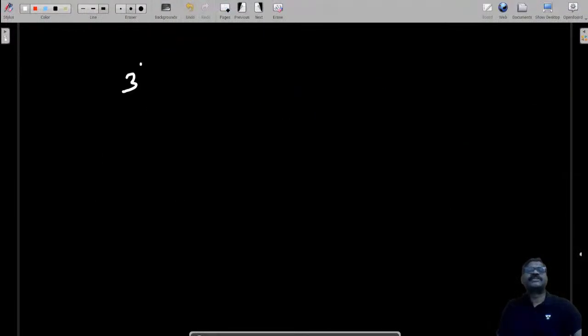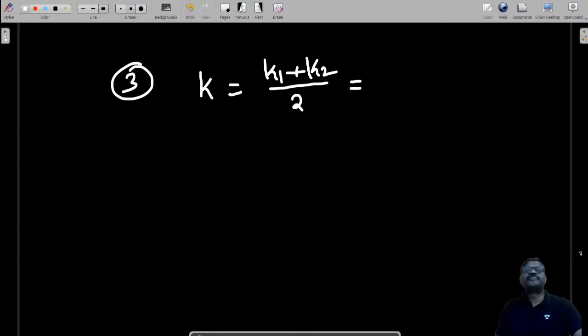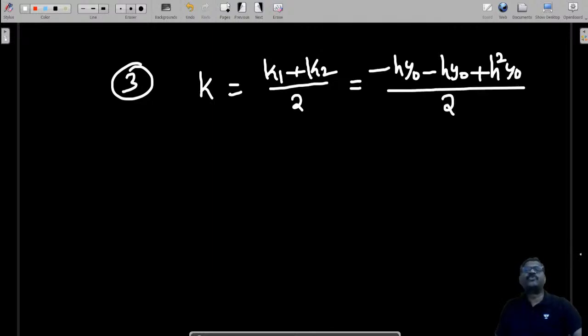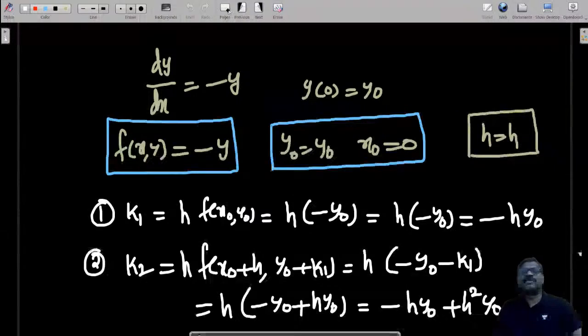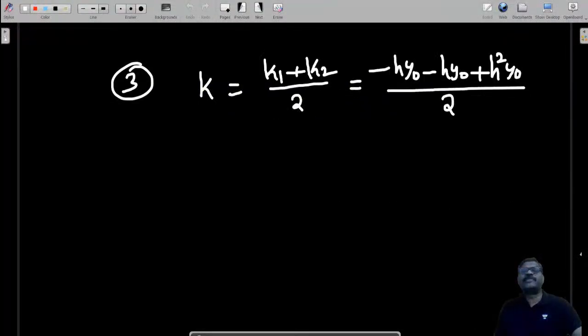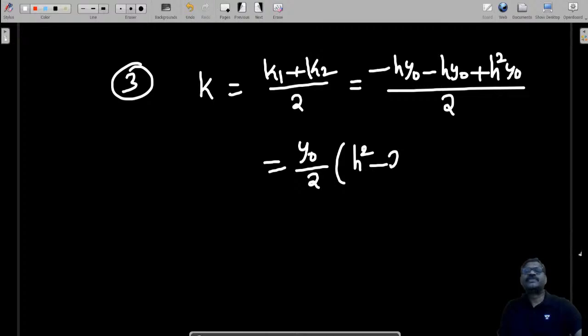Next, step 3, k is k1 plus k2 by 2. k1 is minus hy naught. k2 is minus hy naught plus h square y naught. So k is y naught by 2 of h square minus 2h.